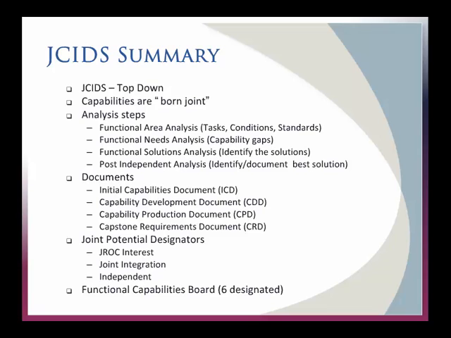These are all steps of the analysis before it really officially enters the acquisition pipeline. You learned about what all the different documentation that goes along with JSIDS. You learned about the joint potential designators, the folks that make decisions about jointness or not, so that the program can continue. And you also learned about the Functional Capabilities Board, divided into the different warfighting communities or disciplines or specialties that can make the decisions about jointness at a very high level.